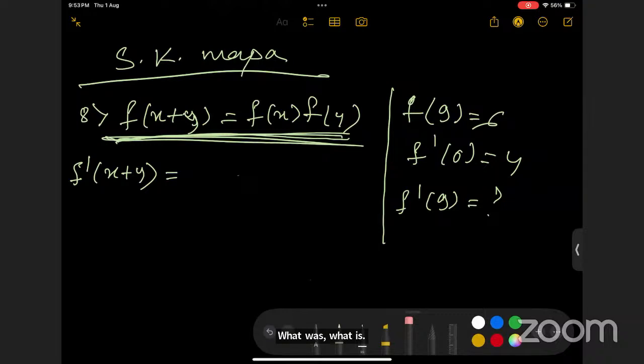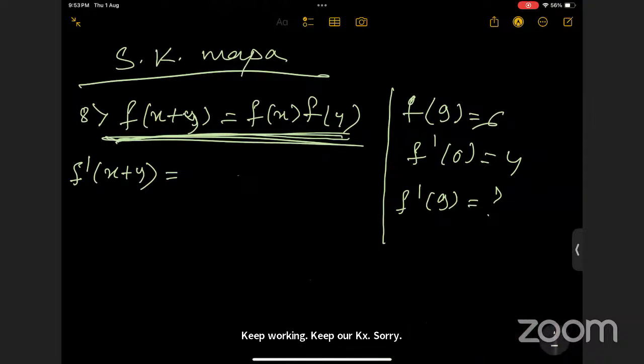Sorry, e power kx. Take f of x is equal to e power kx.